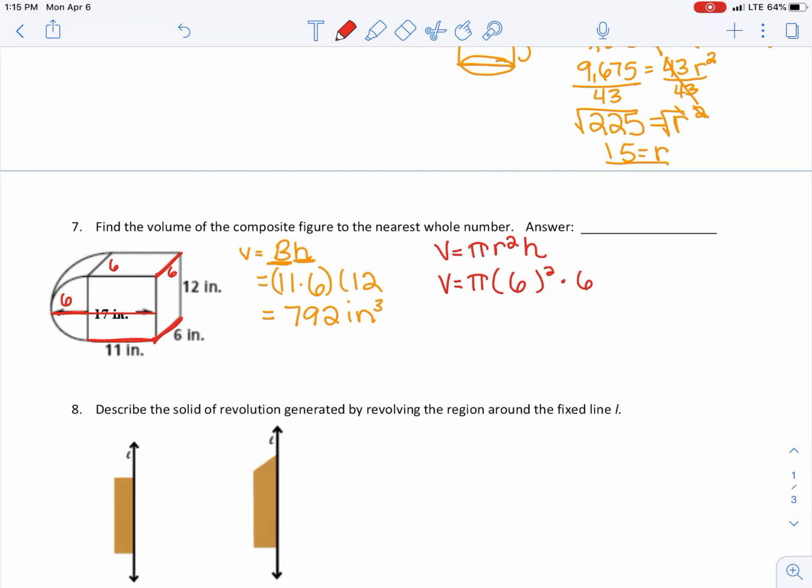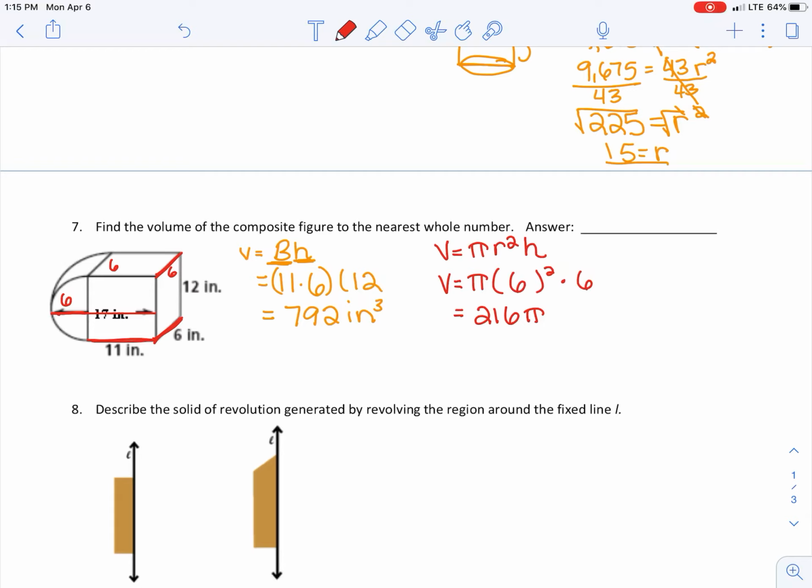Okay. So if we multiply all of this together, we end up with 216 pi. I'm going to go ahead and leave my answer in terms of pi for now. Okay, so 216 pi.